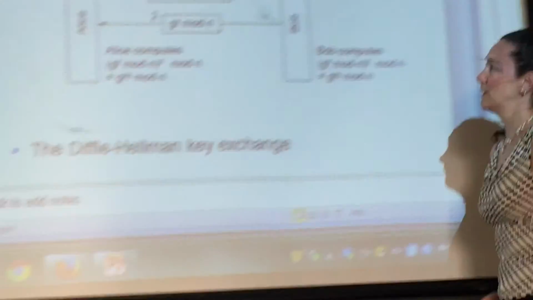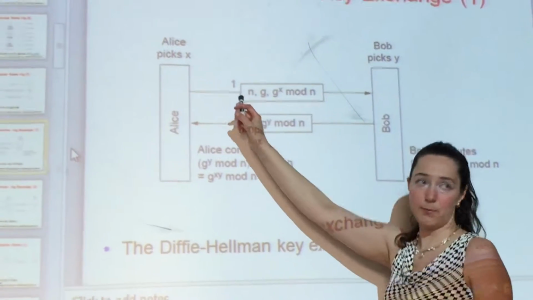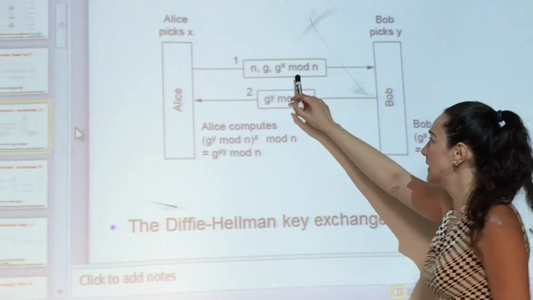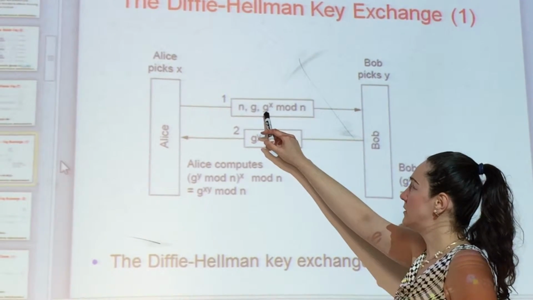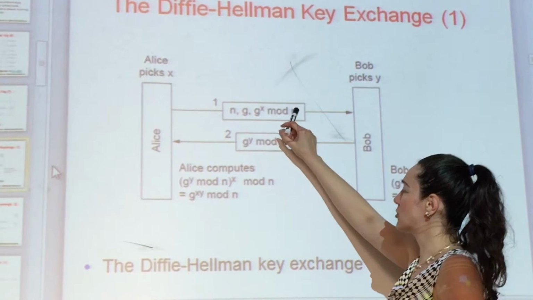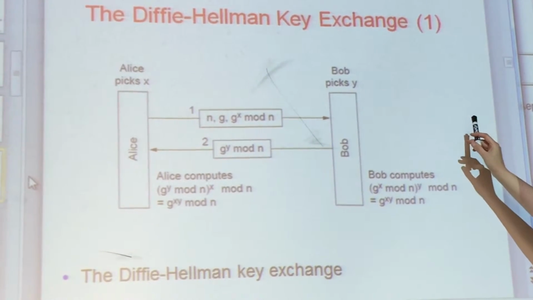And from there on, we have what is shown on the slide. The first thing is these two numbers, N and G, are public, so Alice picks them and sends them publicly. Then she calculates g to the power of x modulus n, and sends this to Bob.